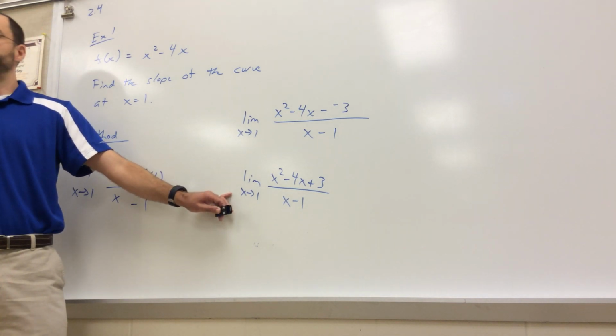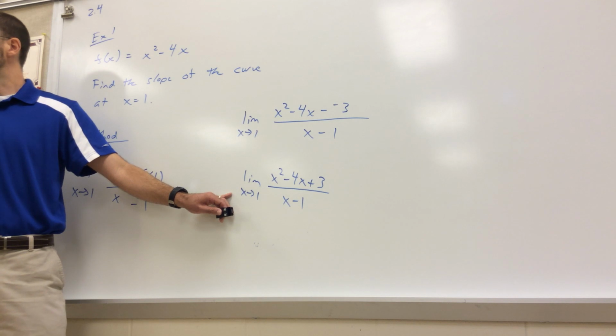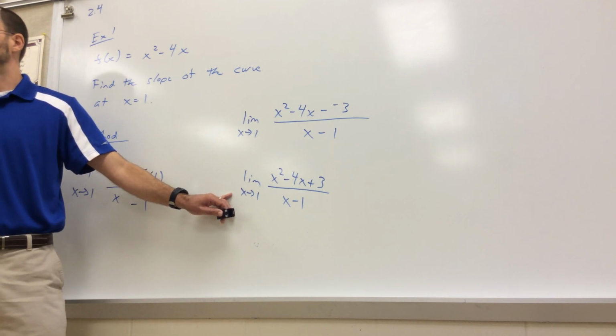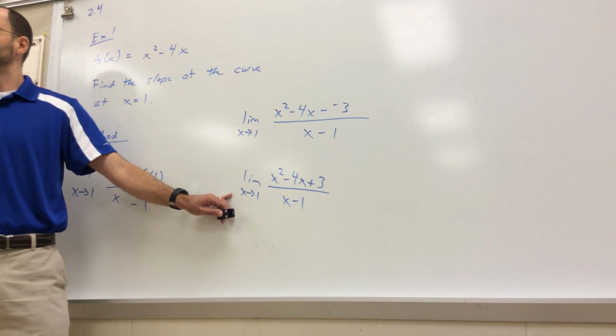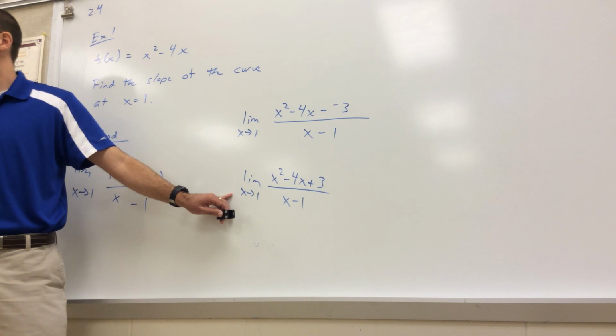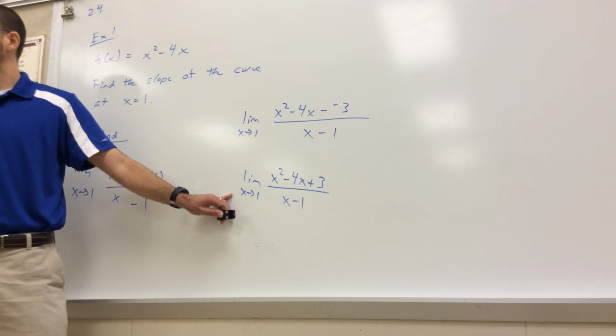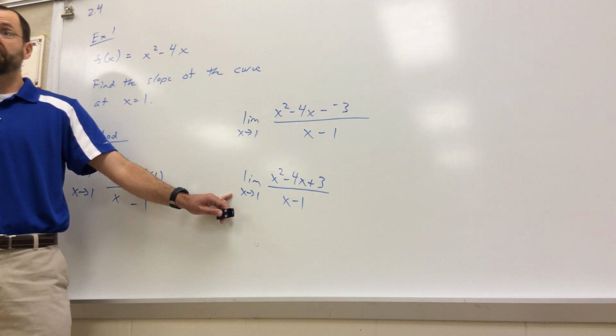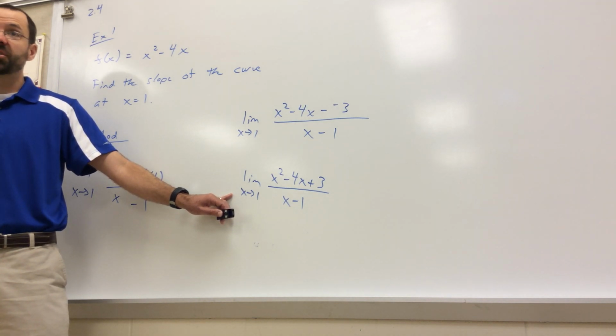Should I try limit laws on this limit? Why not? The bottom's going to come out to 0. I could try limit laws, but they don't work because the bottom will come out to 0. So that means that the limit doesn't exist, right? No, it means that I have to try something else. What else can I try? Factoring, rationalizing, clearing double fractions, sandwich theorem. There's a whole big list of them.